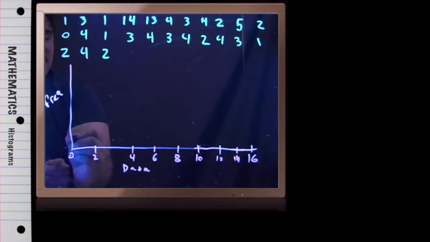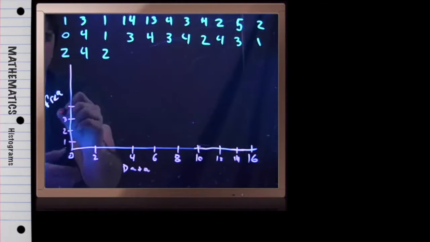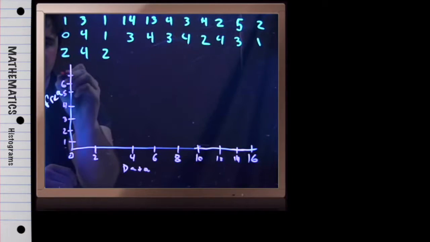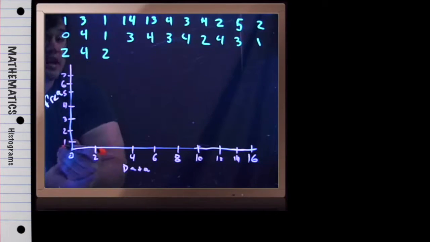So over here on this side, I'm going to start and count. Usually your frequency is fine to count by 1s. Very infrequently would you ever end up with a case where your frequency extends beyond that in small data sets like this. So I just count by 1s up to 3, 4, 5, and then 6, and then 7. That should suffice.